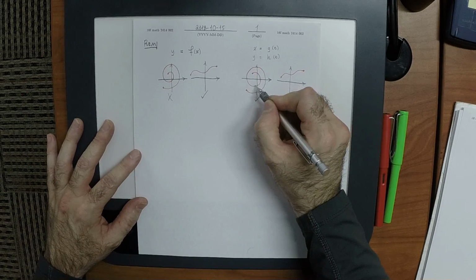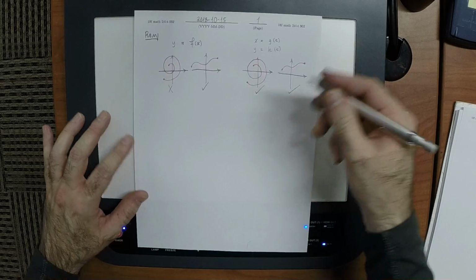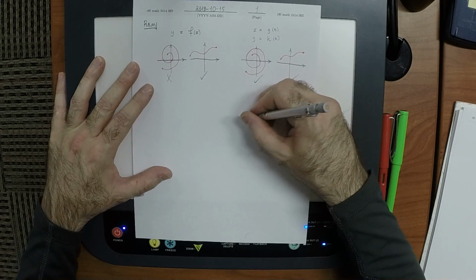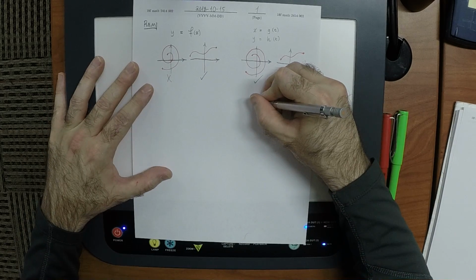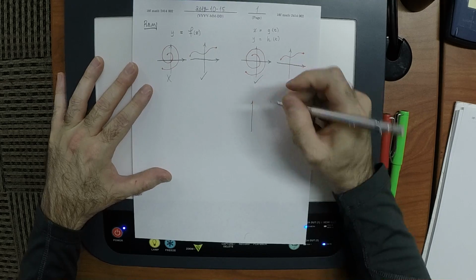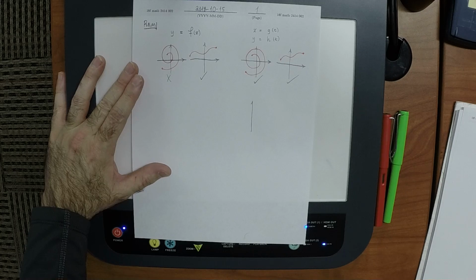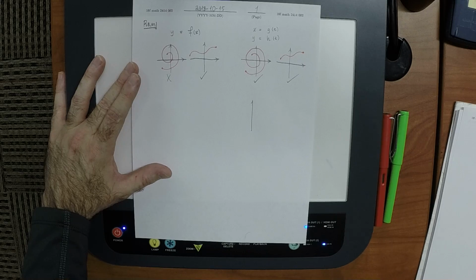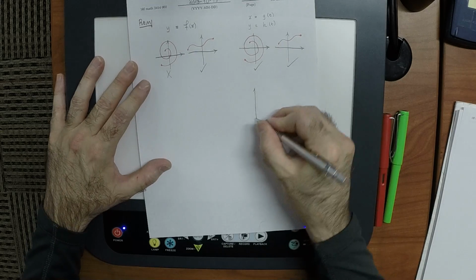But you can see that I can draw it like this. What's really happening is that we have something like this. I've got to think about it for just a second here.